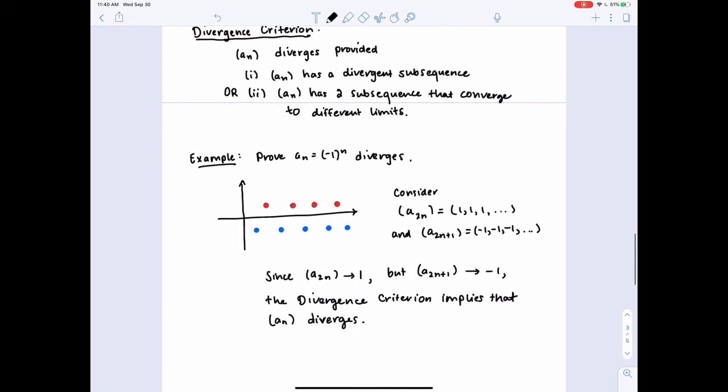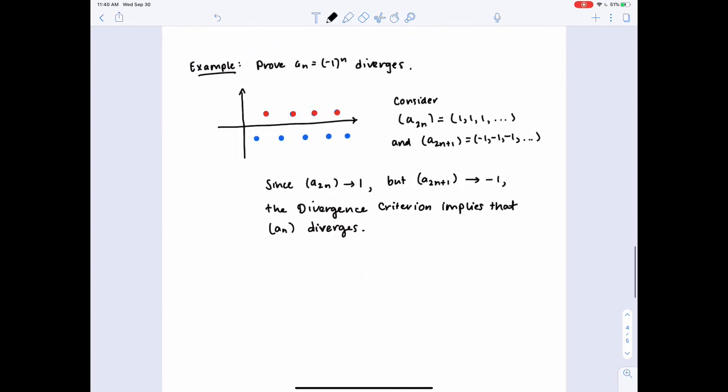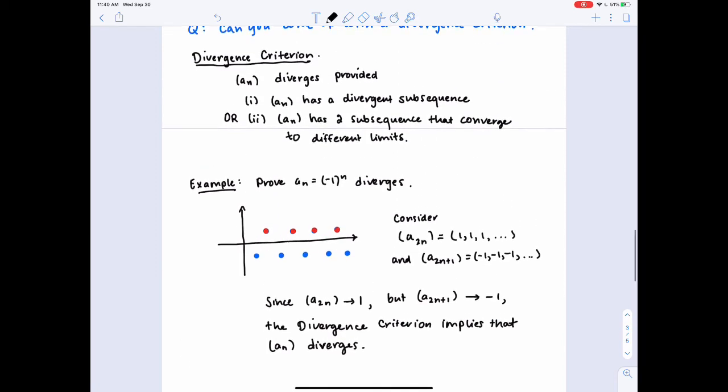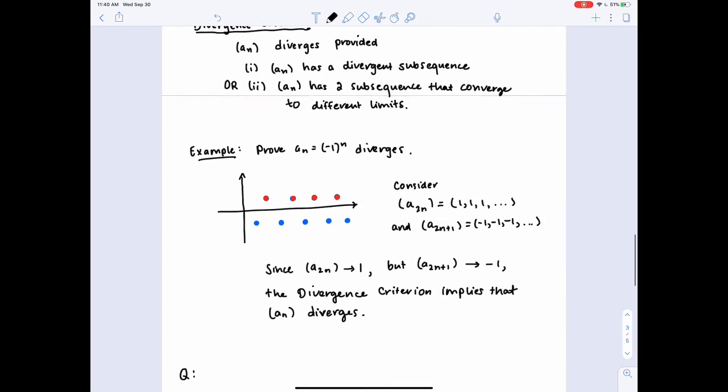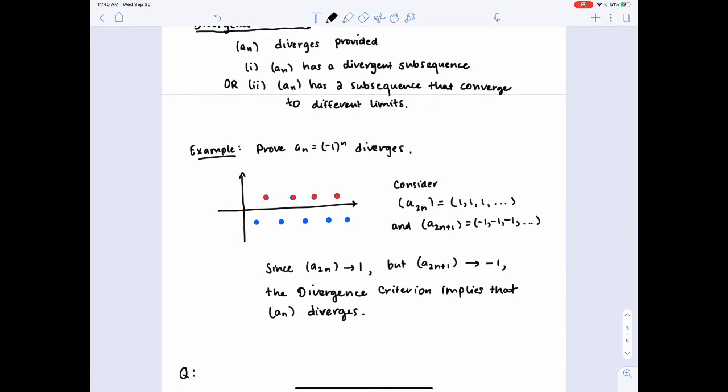But there's also another kind of question that comes up that we might be thinking about. You may have been thinking about it back when we were looking at the divergence criterion. We were talking about the existence of subsequences that either diverge or that converge to two different values.